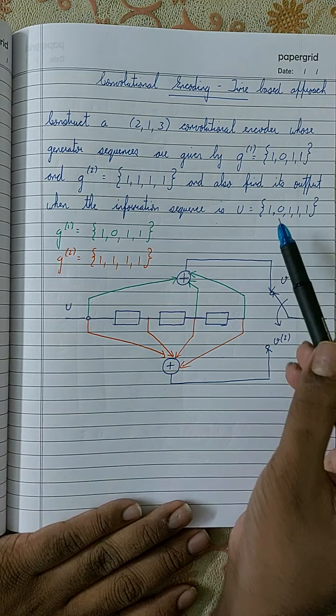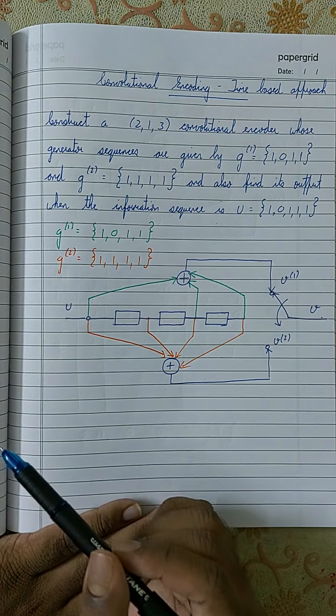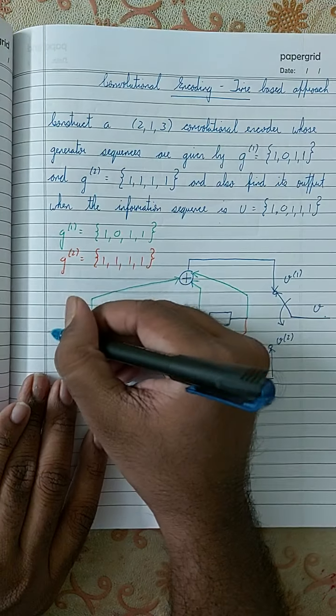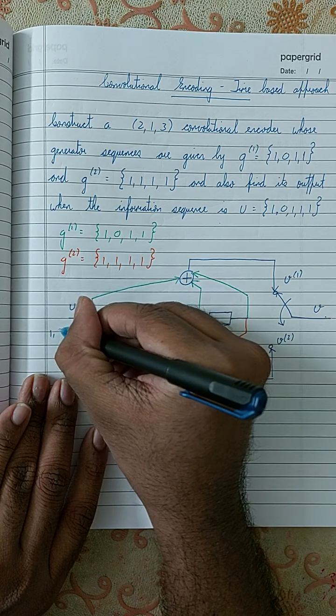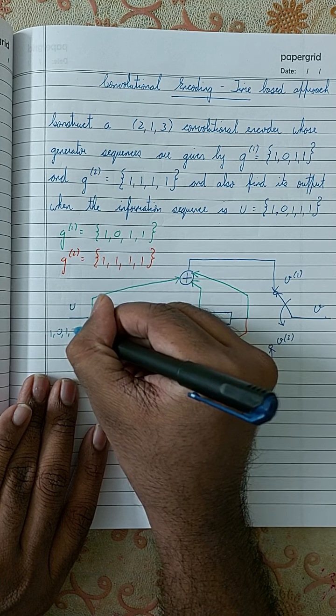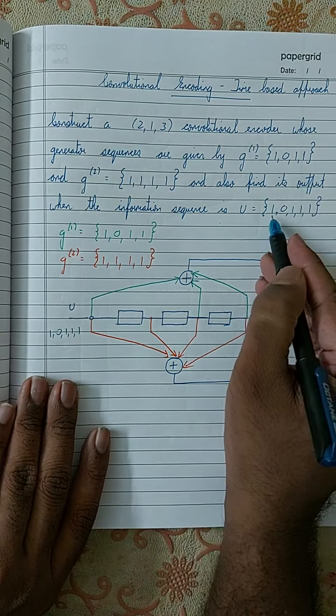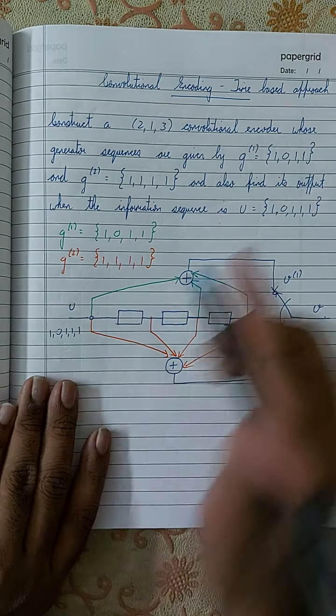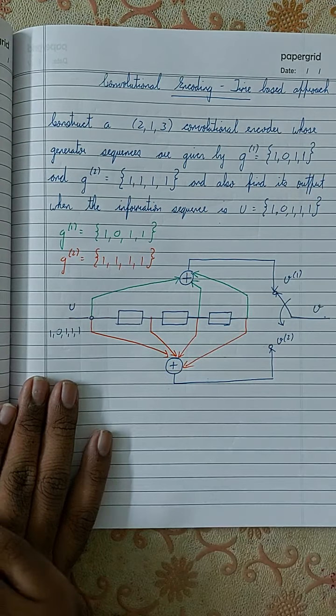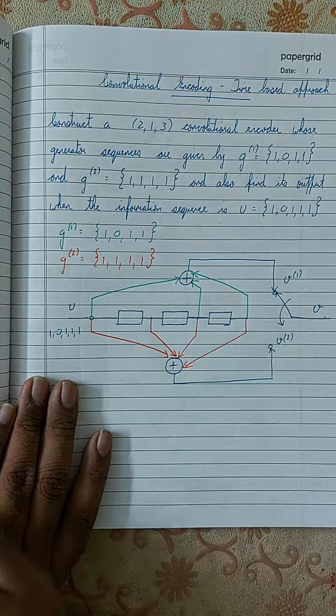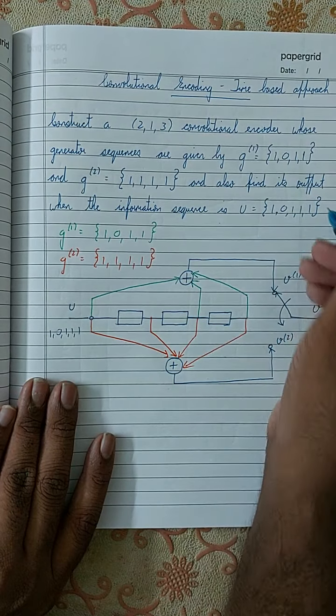What is the information sequence? 1 0 1 1 1, which means I am going to input right here 1 0 1 1 1. What it means is that this 1 will first enter the circuit, then this 0, then this 1, then this 1, and after that this 1.